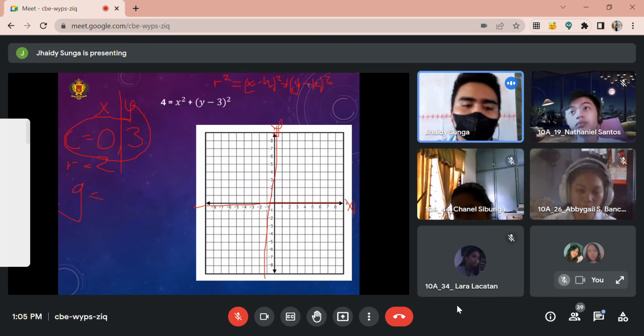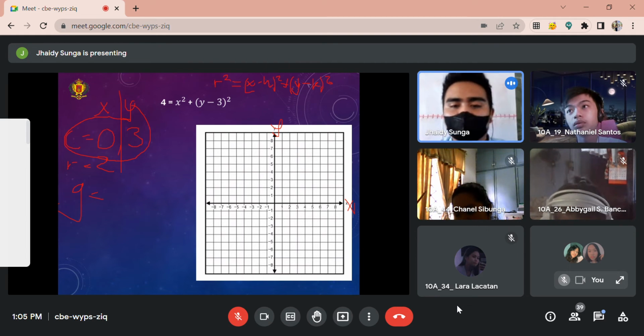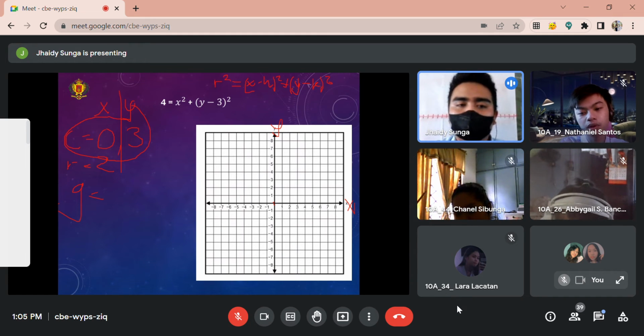So if you're going to plot, read your coordinates: x going to the y. So x will be 0, so you're going to stay in here. But then you are going to go to the third part of the y-axis. So where is the third part? In here. So your center will be at this point.